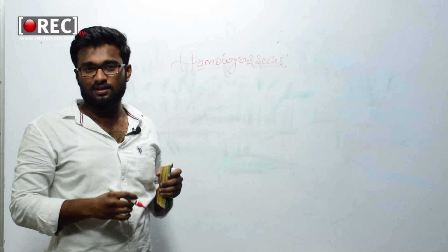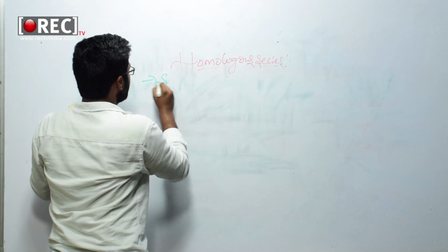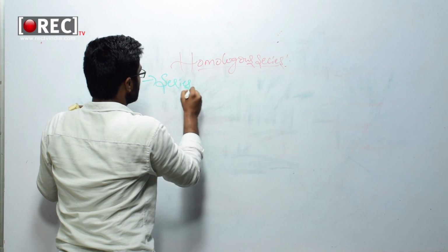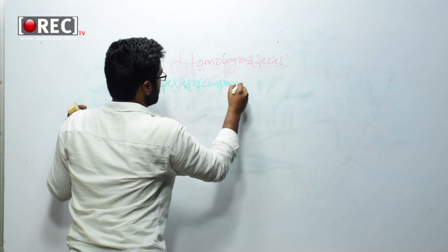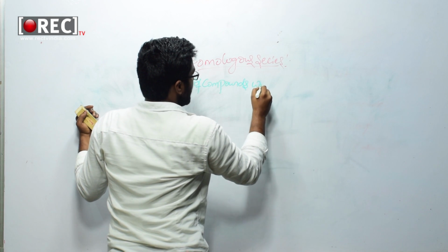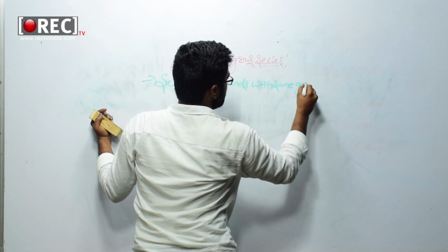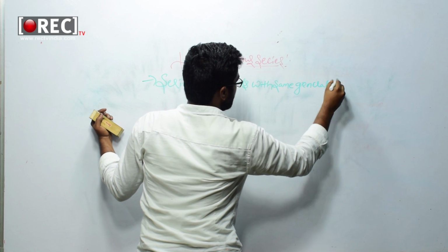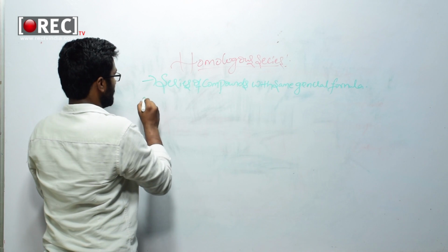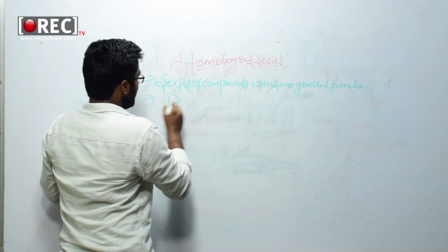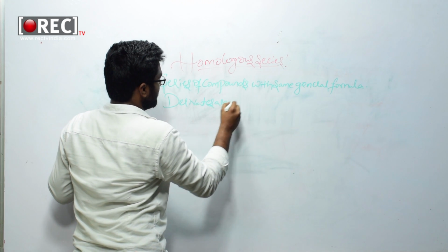So what are homologous series? In a simple way, homologous series are series of compounds with the same general formula. The derivatives are different.